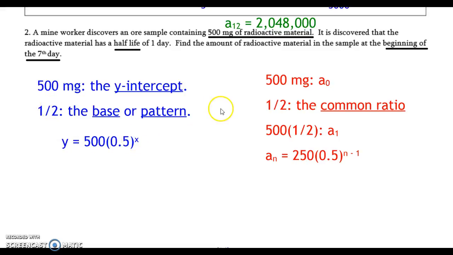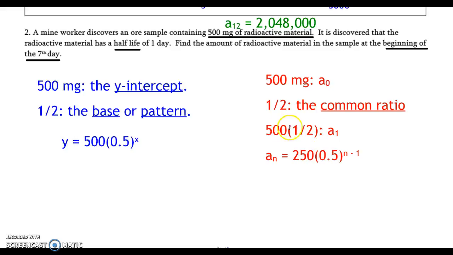If you had decided to go the sequence route, you would have known that 500 milligrams is this mythical A sub 0 that we don't really use in sequences, but it helps us find the first term, the first value. 1/2 is the common ratio, and remember that the base or pattern and the common ratio are essentially the same exact thing.